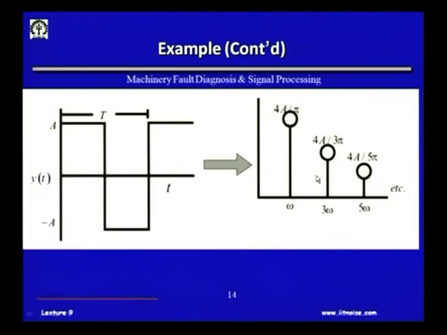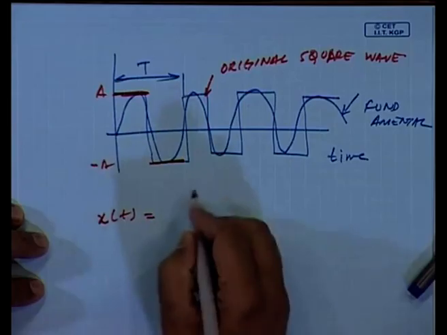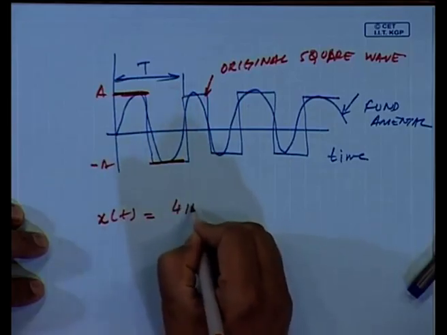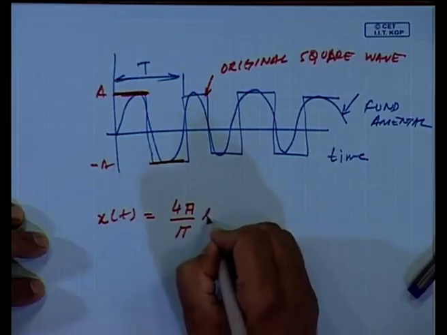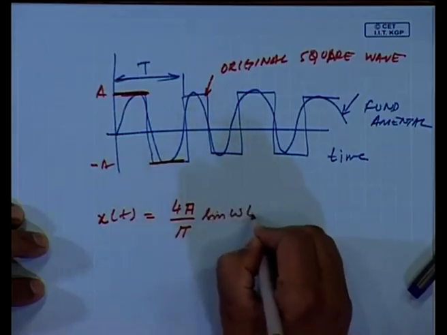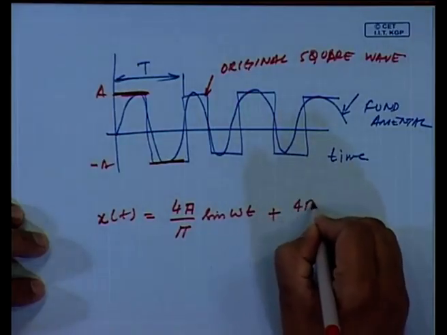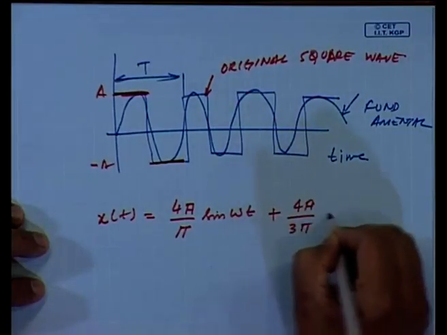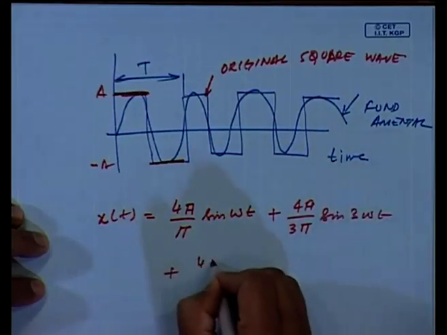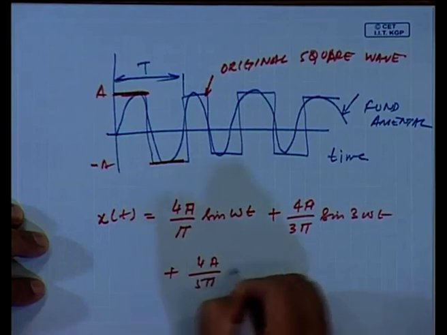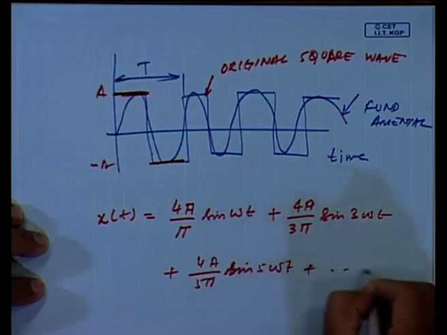So, a square wave x(t) can be broken up into 4A by pi sin omega t plus 4A by 3 pi sin 3 omega t plus 4A by 5 pi sin 5 omega t and so on.